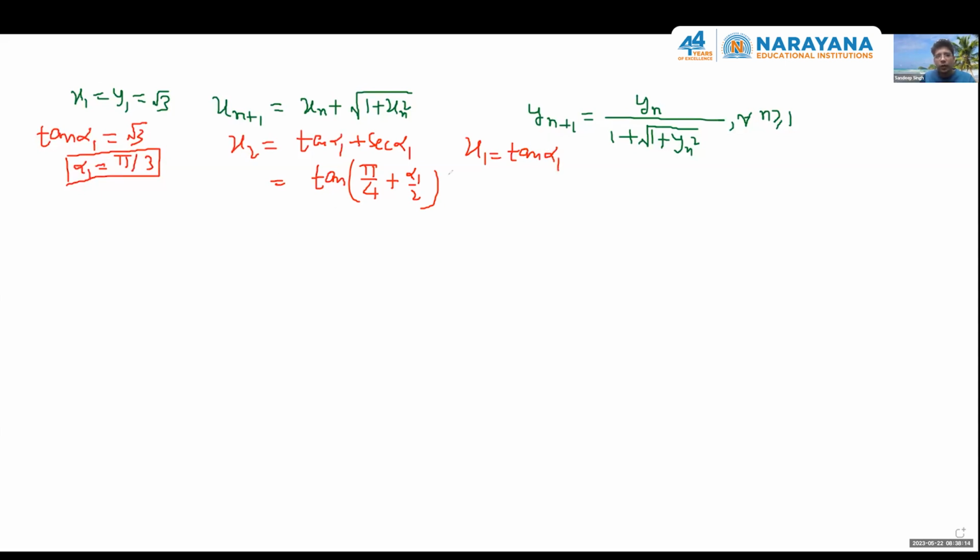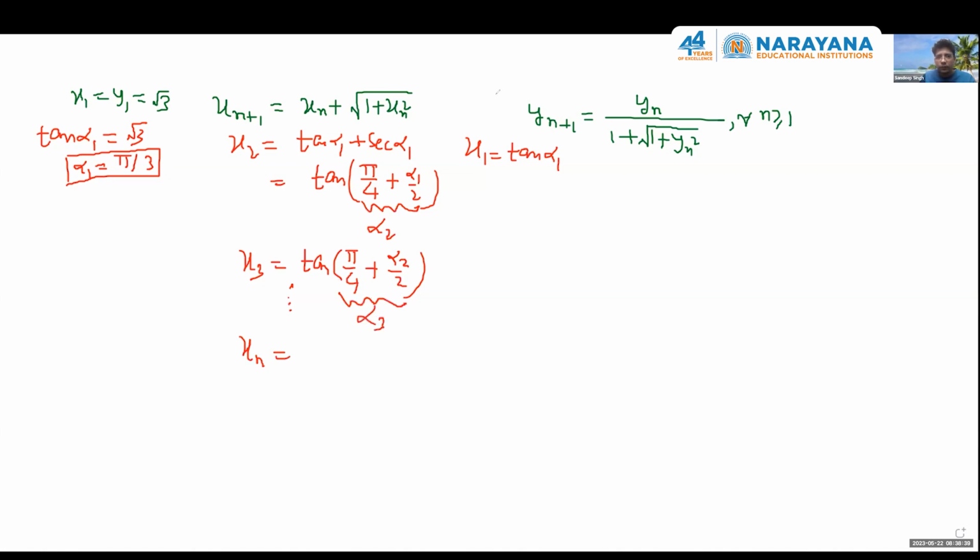If you go in this manner, this is basically alpha 2. Let me call this alpha 2. So what will be x3? X3 will be tan of pi by 4 plus alpha 2 by 2, and so on. And what will be xn? I will again call this angle alpha 3.